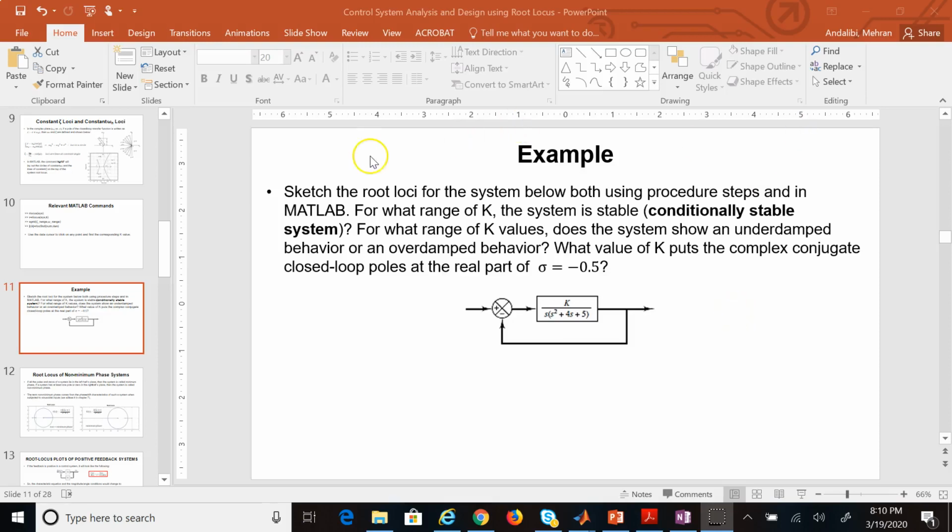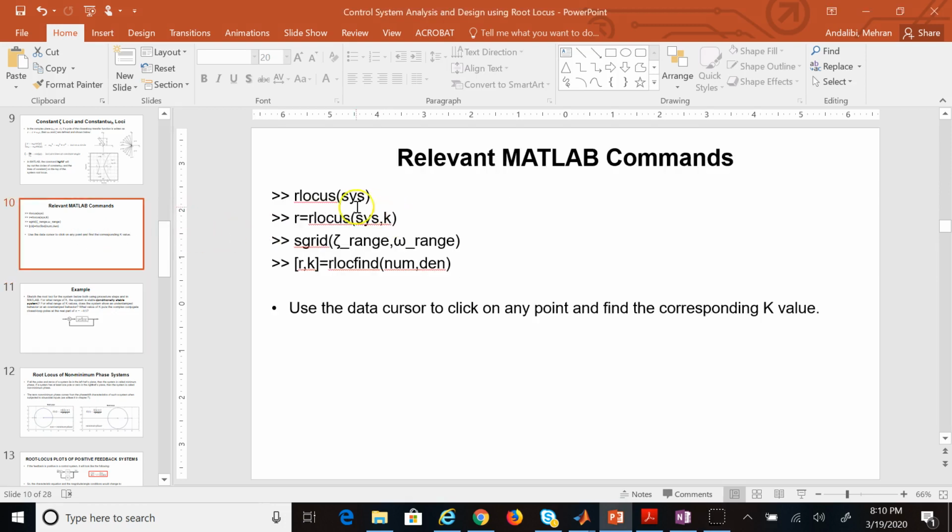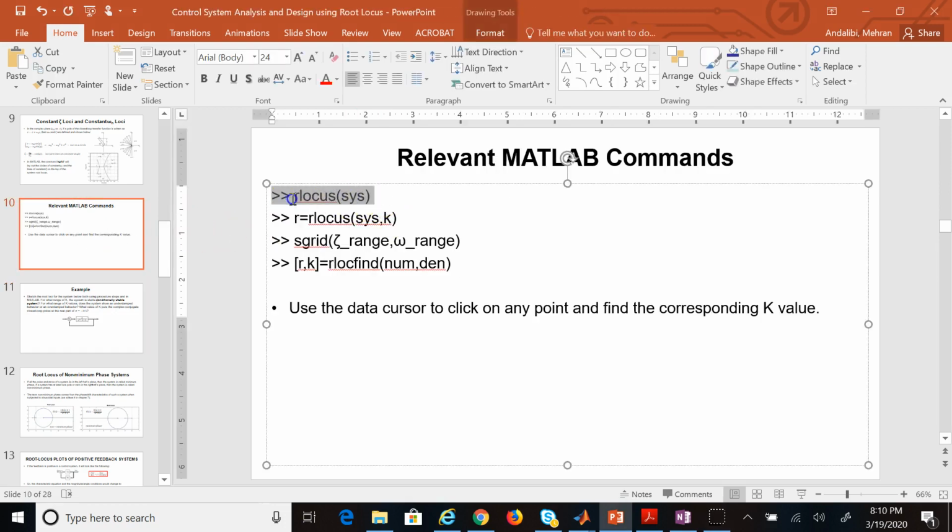Okay, so I guess we have seen the procedure for drawing the root locus in general, and for this example specifically, right? And I showed you the rlocus command in MATLAB, which is this one here. So you can use the command rlocus of num and denum, equivalently, instead of just a system that is defined by a transfer function or by the state space.